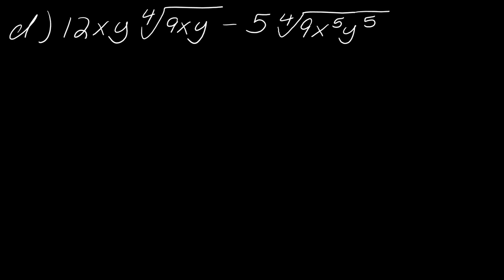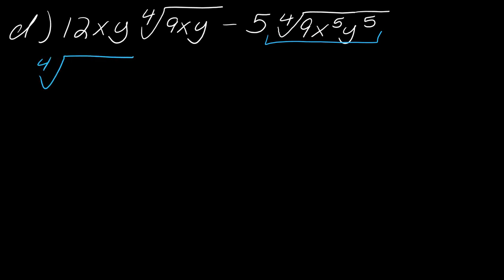Okay, and so for this next one, I've got 12xy times the 4th root of 9xy, which can't be simplified, minus 5 times the 4th root of 9x to the 5th, y to the 5th. These x to the 5th and y to the 5th can actually be broken down, right? So I'll focus on this for a second.